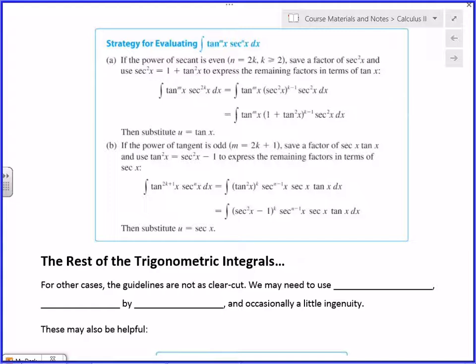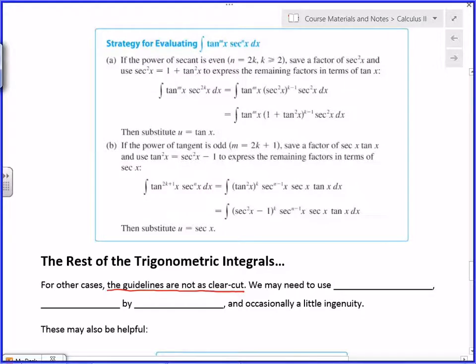Okay? And for the rest, I don't have very good rules. This is the good line right here. The guidelines are not as clear cut. So those are the easy cases we've covered so far. Now you have to get creative with the rest.